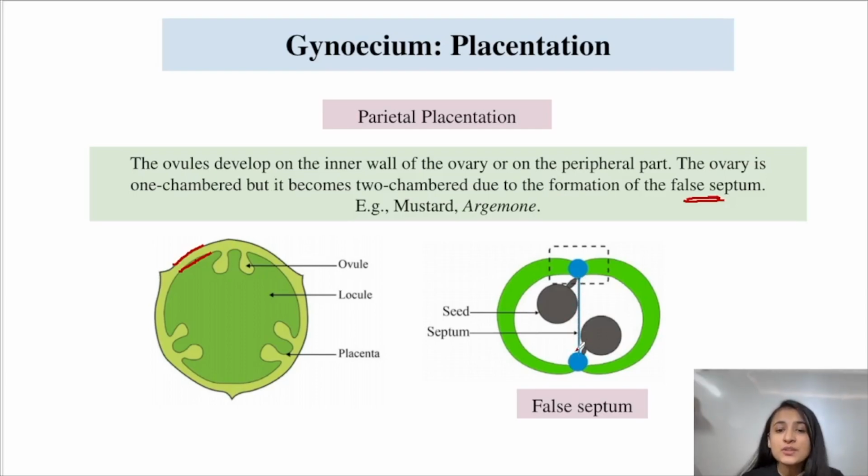It forms later on and it gives the unilocular or single chambered ovary an appearance of having two chambers like this. So this blue line represents the septum and these grey structures represent the ovules which are born towards the periphery or on the inner walls of the ovary. This kind of placentation is seen in mustard and argemone plants.